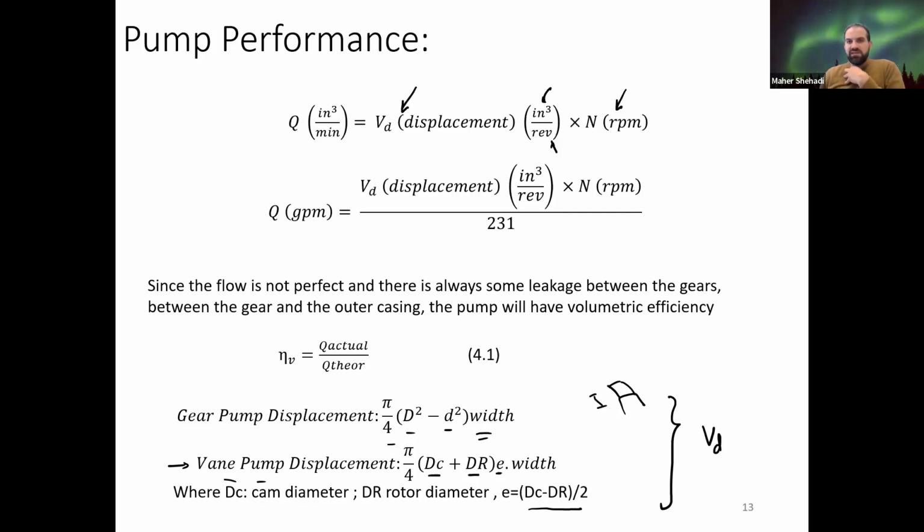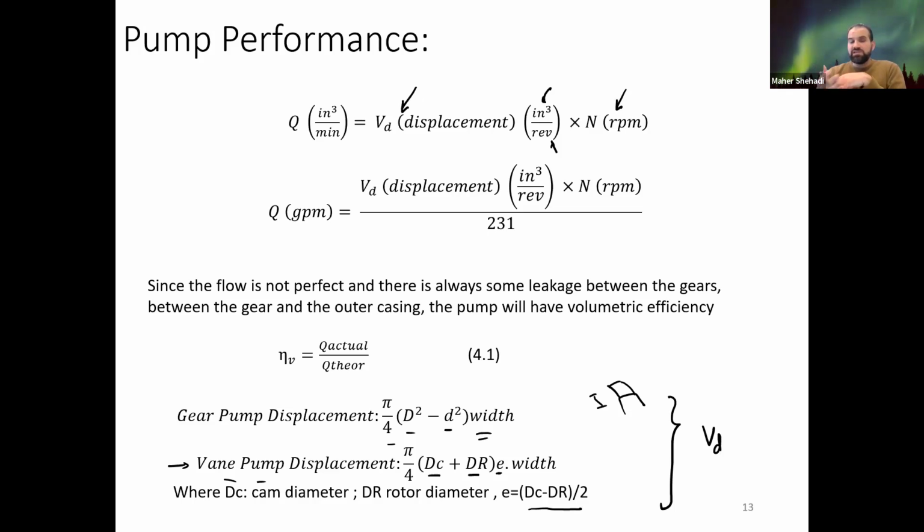I have to mention, these are the design values for the displacement pumps, for the displaced volume. What I mean by that is it's like when the pump is brand new. Over time, we'll start having some cracks, some precipitation on the enclosure, so that volume would change over time.